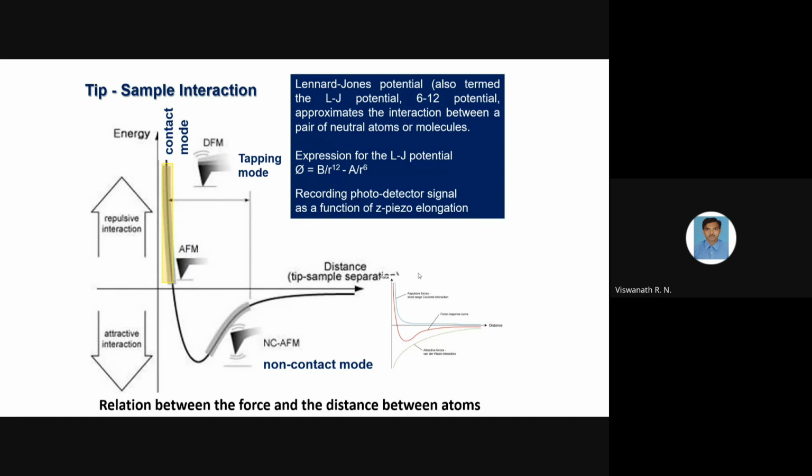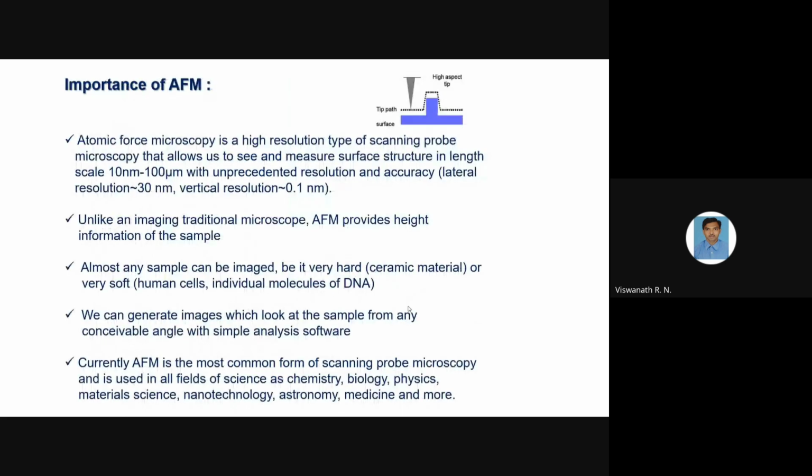But here, basically, I'm telling you before, this is the tip. What we are talking about is the tip of the cantilever probe. So the tip theoretically consists of only one atom.